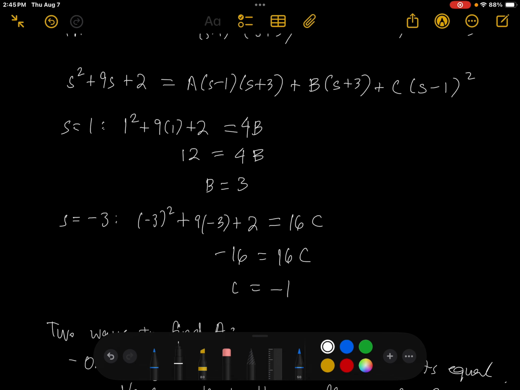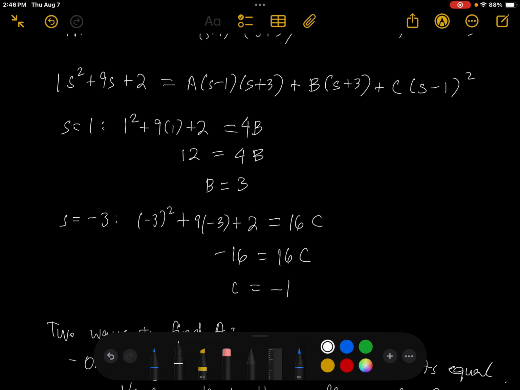Well, the coefficient of s squared on the left is 1. So we know that the coefficient of s squared on the right has to be 1. What is the coefficient of s squared on the right? Well, you don't actually have to distribute the whole thing to figure that out.